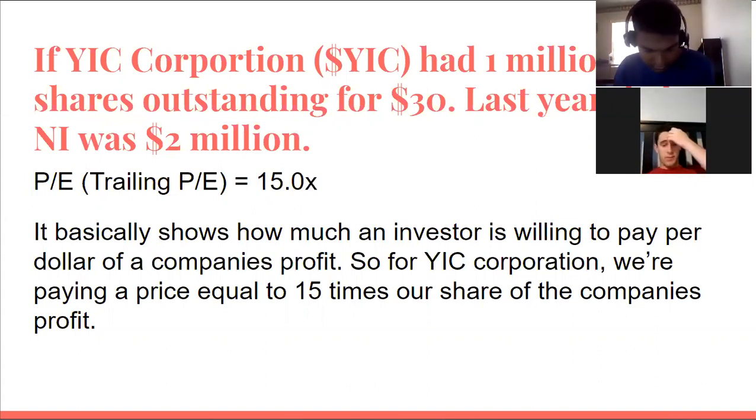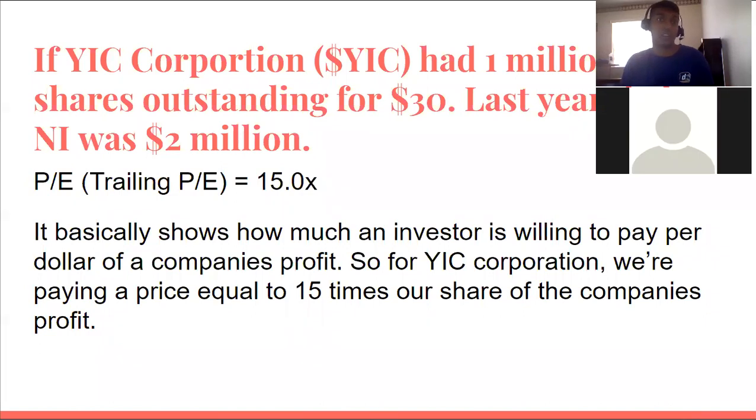So going back to an example, let's go on an example. If the YIT Corporation had 1 million shares outstanding at $30 a share, and last year they made net income of 2 million, that gets us a PE ratio of 15.